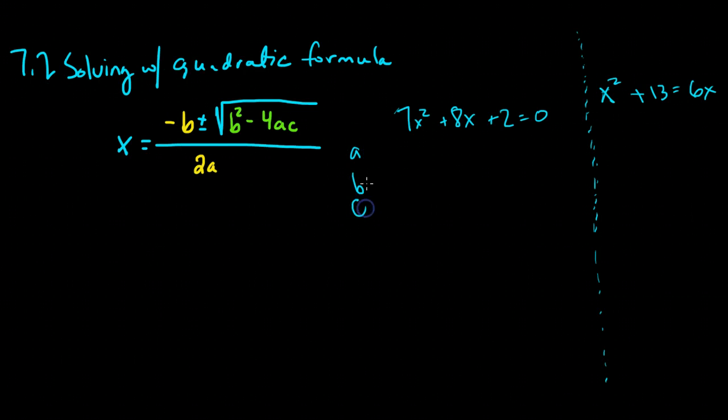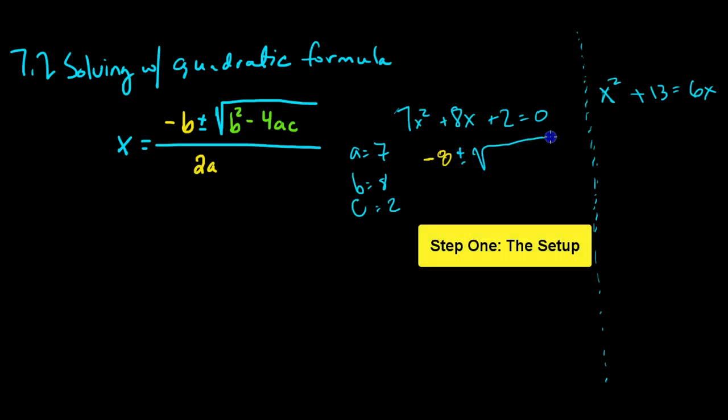A is 7, B is 8, and C is 2. So remember, our quadratic formula says the opposite of B plus or minus the square root of B squared minus 4AC all over 2A. So that would be the opposite of B, a negative 8, plus or minus the square root of B squared minus 4AC.